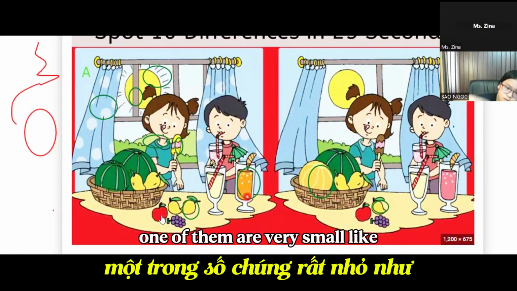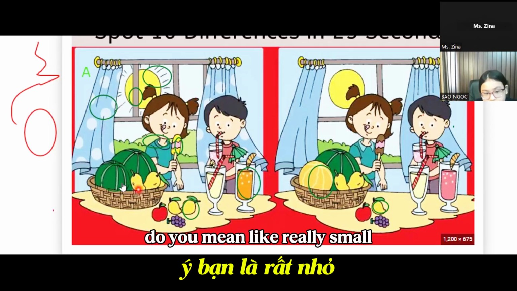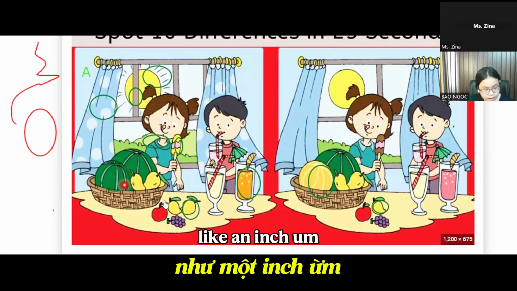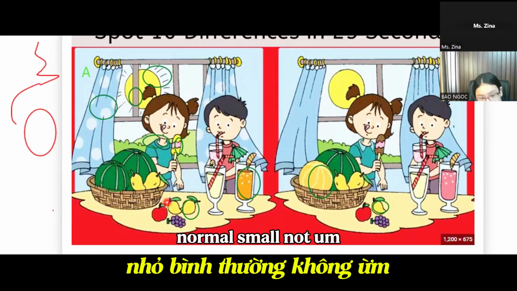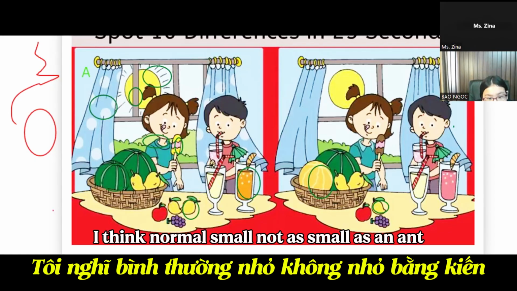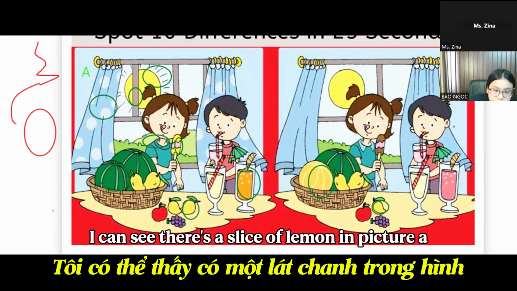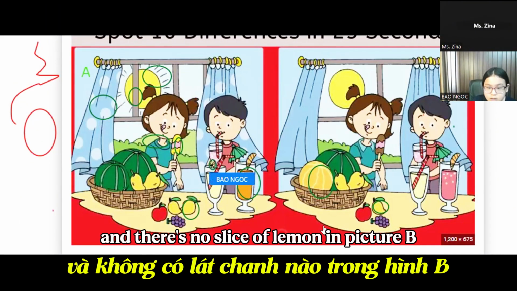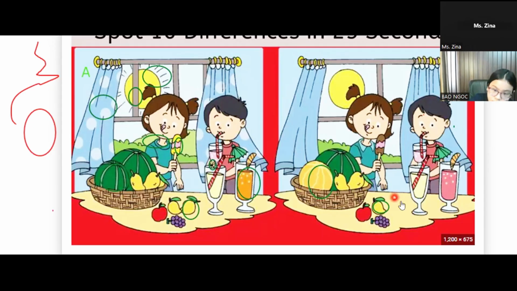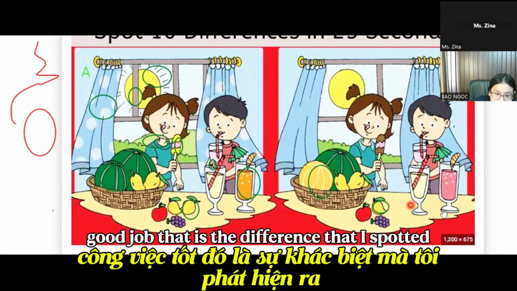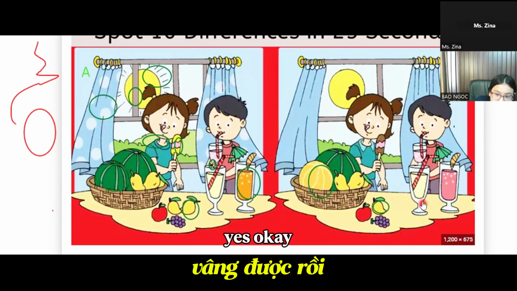One of them is very small. Do you mean really small, like an inch? Normal small, not as small as an ant. Oh, I can see there's a slice of lemon in picture A, and there's no slice of lemon in picture B. Good job. That is the difference that I spotted, yes.